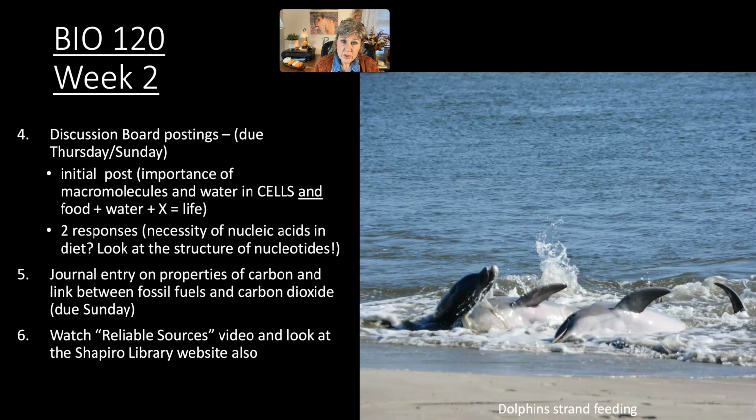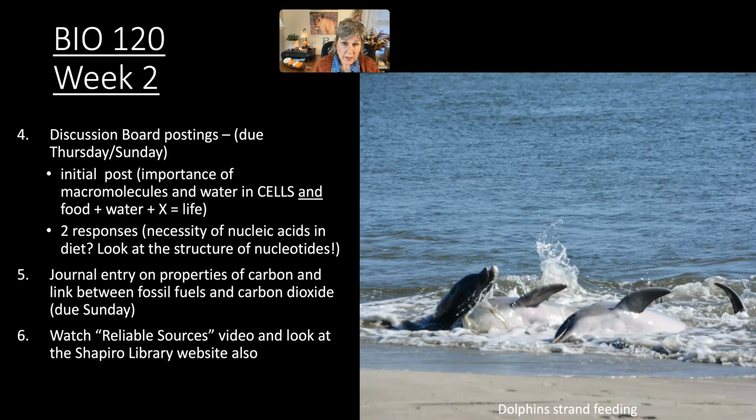All right, and then you have a journal entry, journal assignment on the properties of carbon. I already talked about that, didn't I? There's 4 bonds. Yep. And the link between fossil fuels and carbon dioxide, and the whole link, right? So carbon is the element of life. Carbon is used to make what?